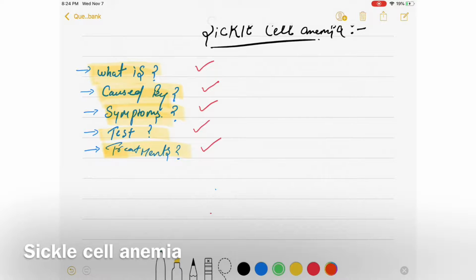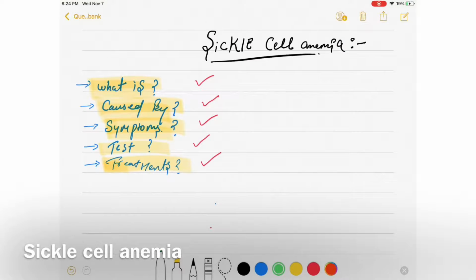As you know from the name, sickle cell anemia means a hemoglobin deficiency. When does hemoglobin deficiency occur? When some kind of disease affects the hemoglobin molecules in our blood, which are present for carrying oxygen and necessary nutrients.